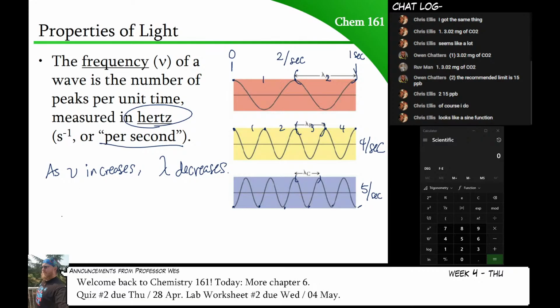If you multiply the frequency, which is in per second, times the wavelength, which is in meters, you get something in meters per second. What could that be? Guess what? It's the speed of light. So if I multiply frequency and wavelength together, I get the speed of light. And this is true for any photon.